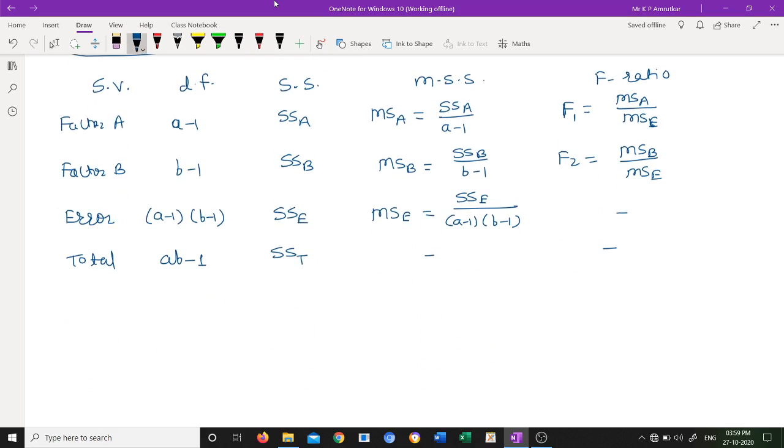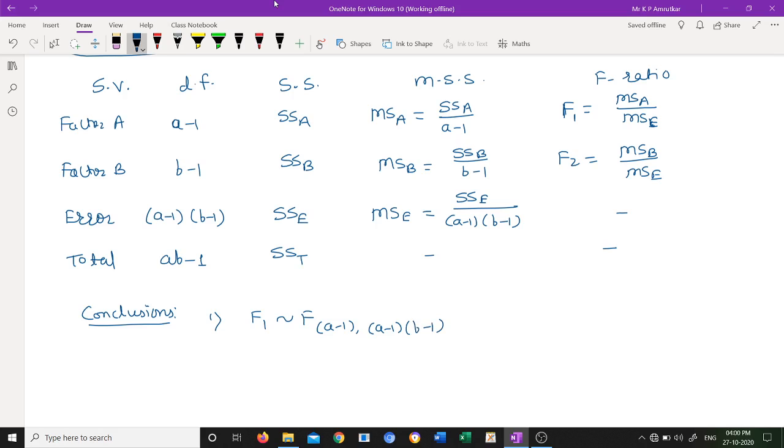So how to write conclusions from this ANOVA table? The last part is conclusions. First, F1 follows F distribution with A minus 1 comma A minus 1 into B minus 1 degrees of freedom.